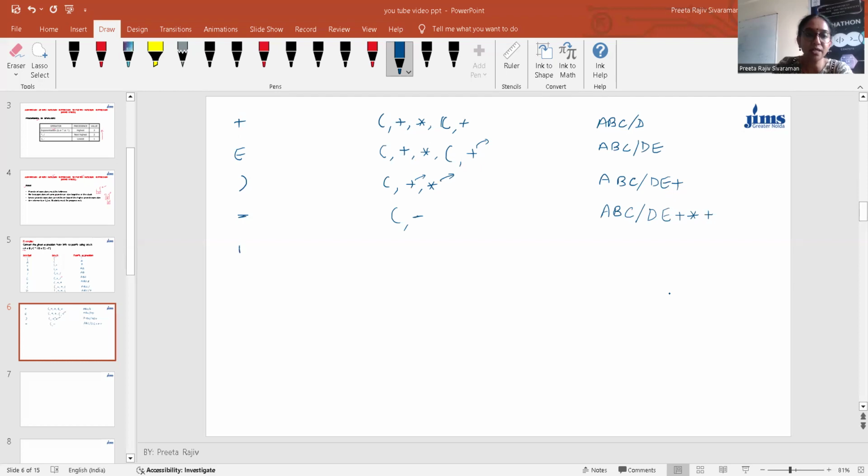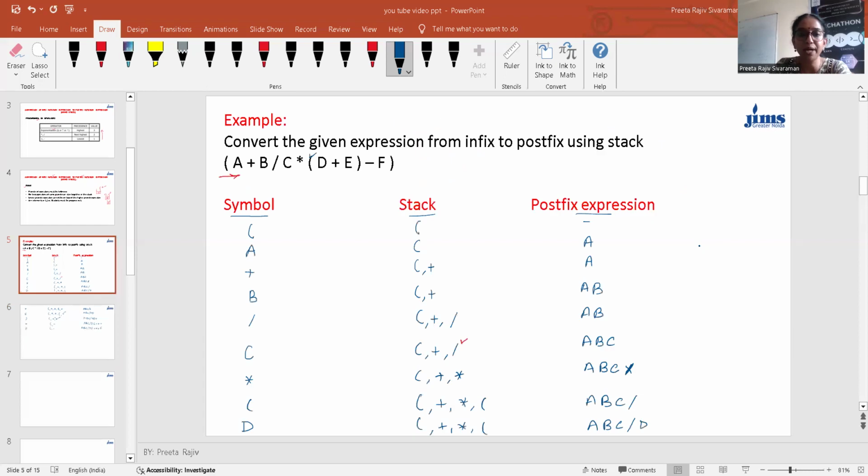Right? Now, the next character scanned is F. Stack contents remain the same. It will be put on the right-hand side, that is the postfix expression. So ABC slash DE plus multiply plus and F. Now the last symbol scanned is closing bracket.